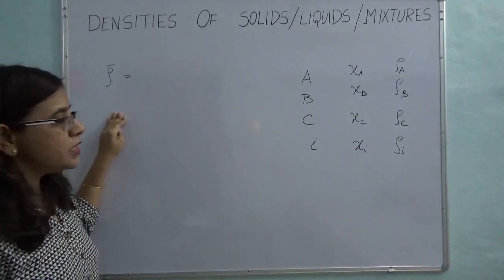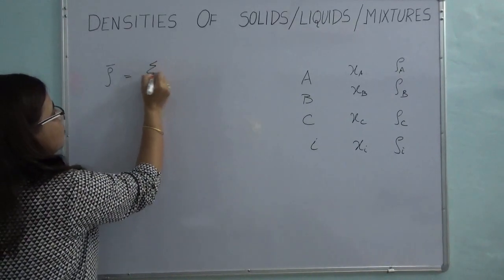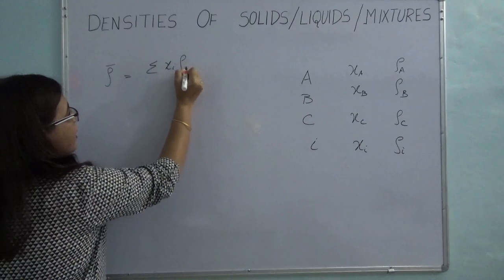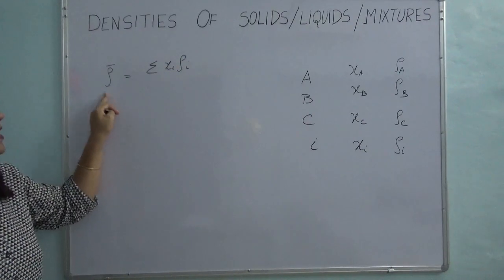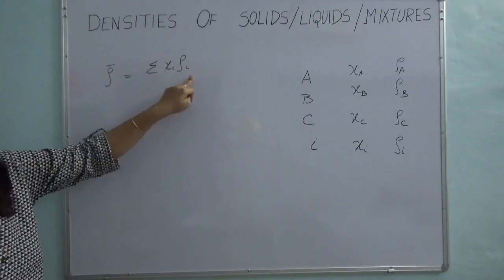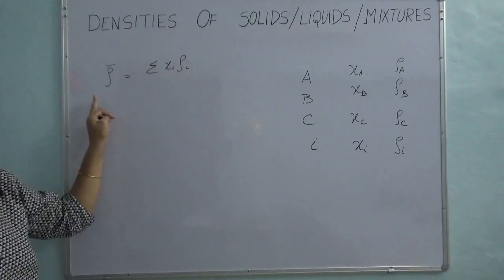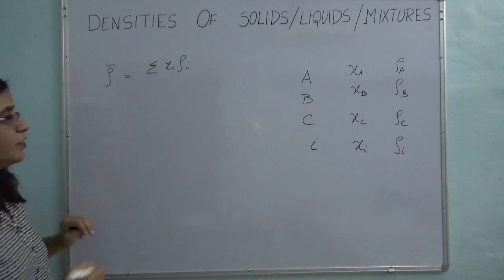Then my first equation just takes a weighted average, and my average density is equal to the summation of xi rho i.